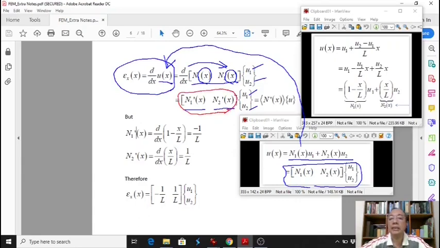This is a row vector, so we simplify it as N prime x, and U1, U2, as usual, we denote as the U vector. N1 prime is d per dx of N1.